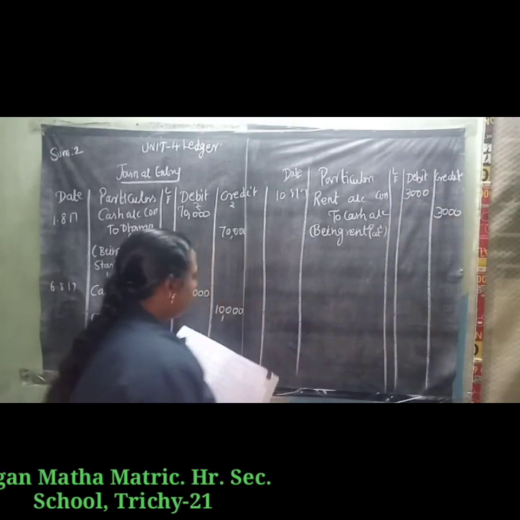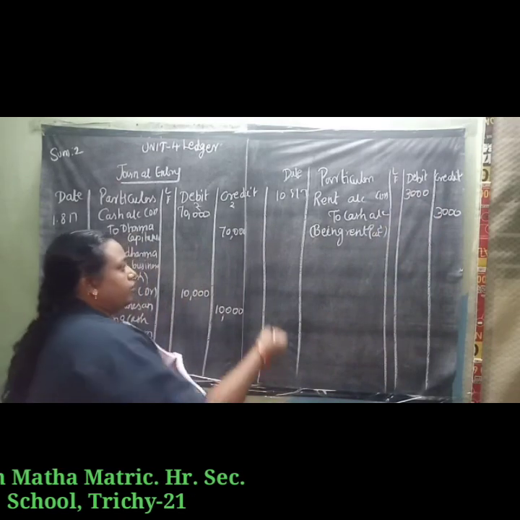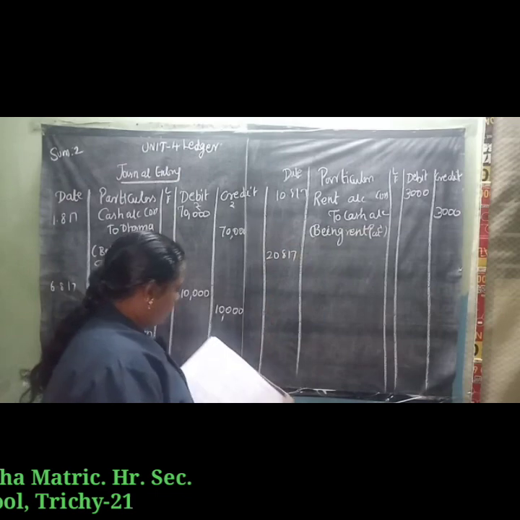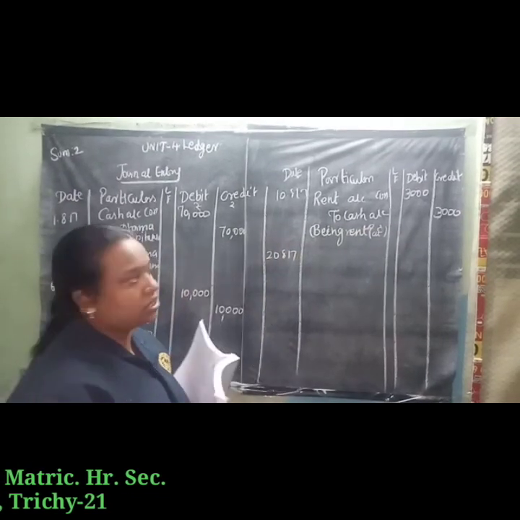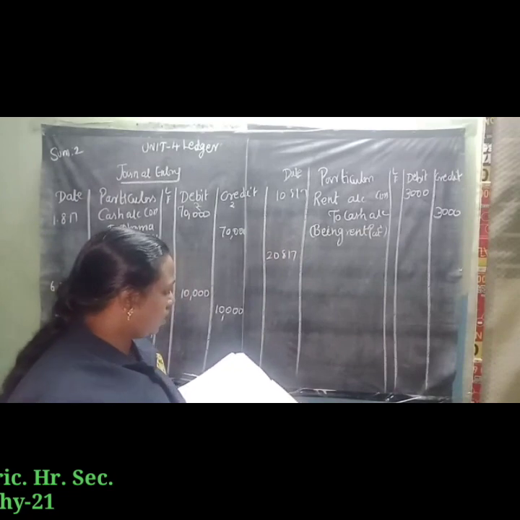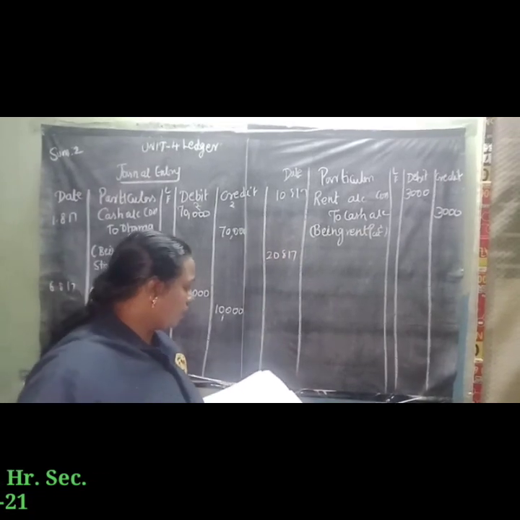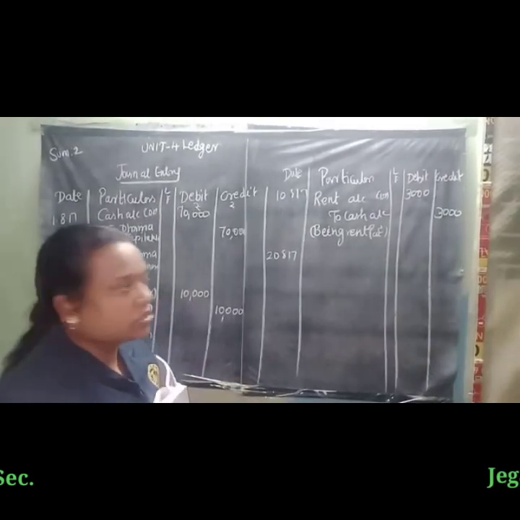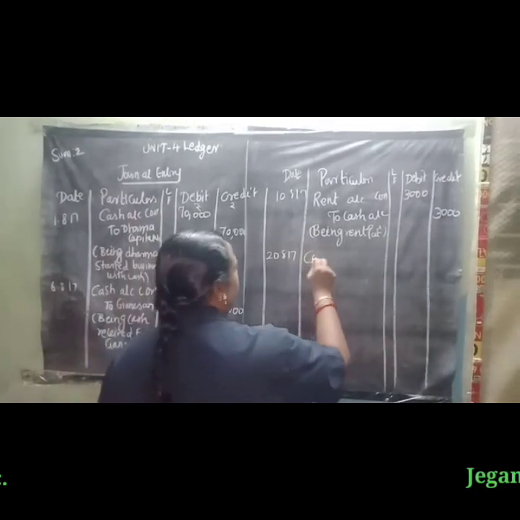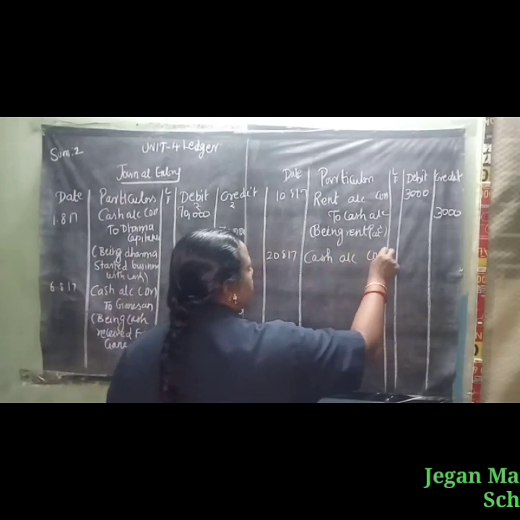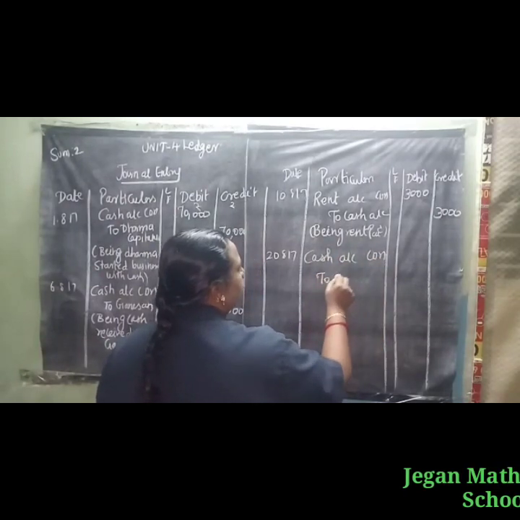Understand? Then the last one, date 20, 20/8/2017. Received commission from Anand. Cash account, received commission. Cash comes in, so cash account debtor. To commission received.